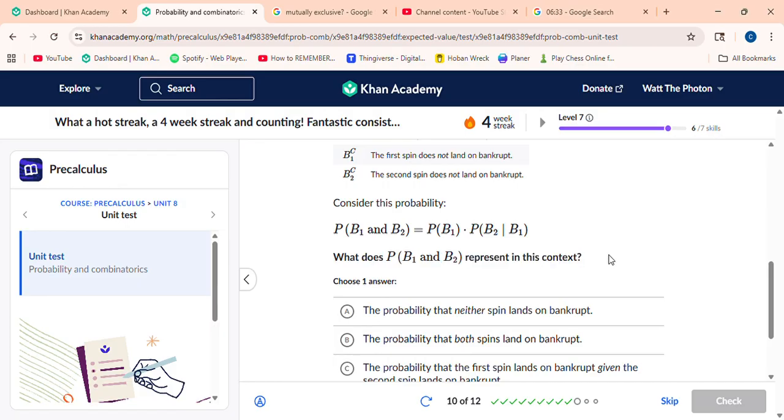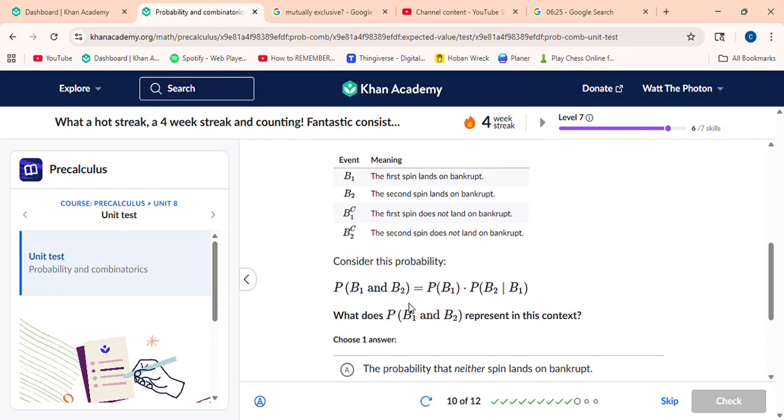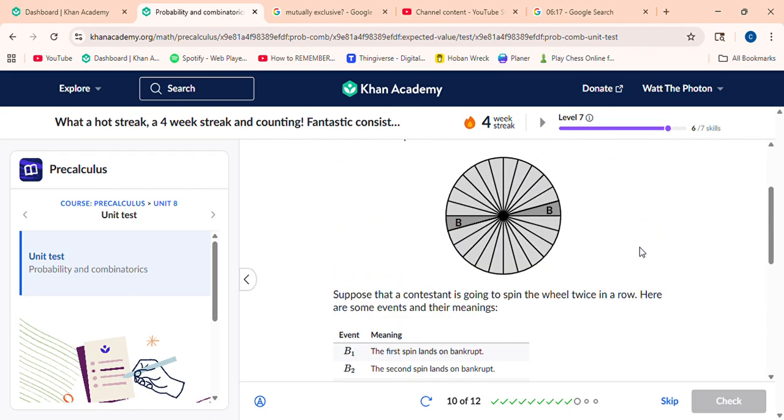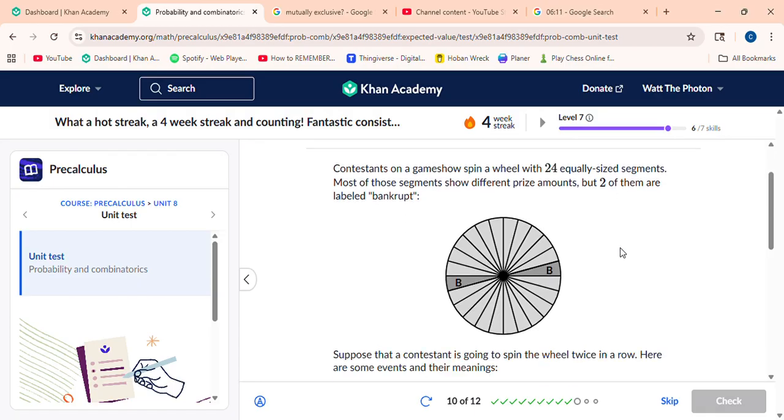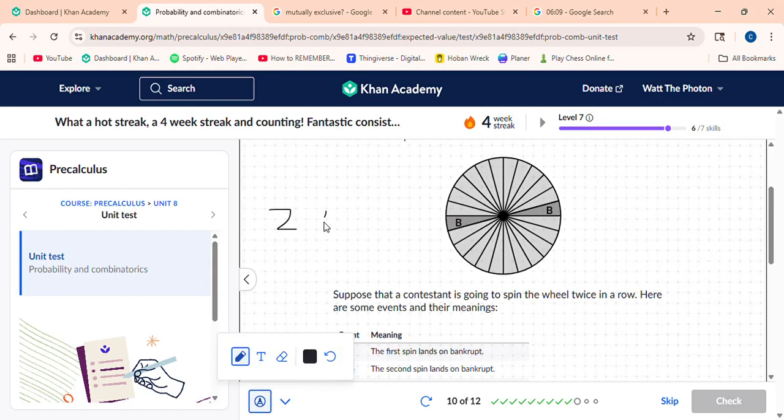Let's see. What does this represent? B1 lands on the first bankrupt. B2 lands on the second bankrupt. Are they mutually exclusive? Okay, so it'd be 24 over 2 times 2 over 24.